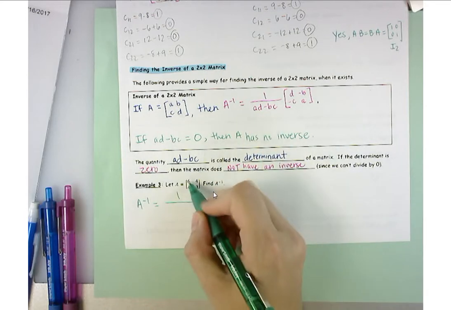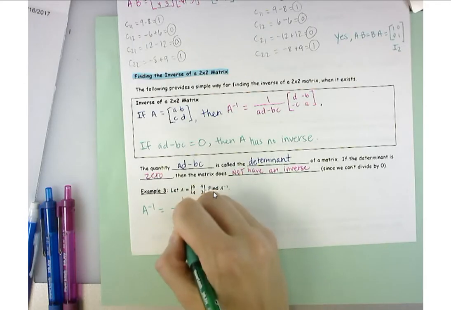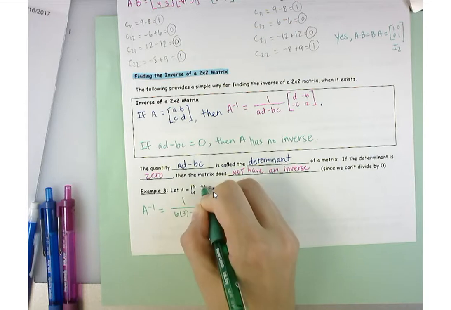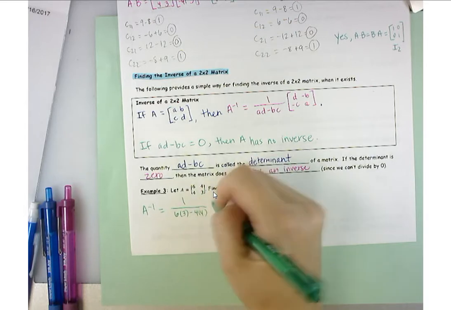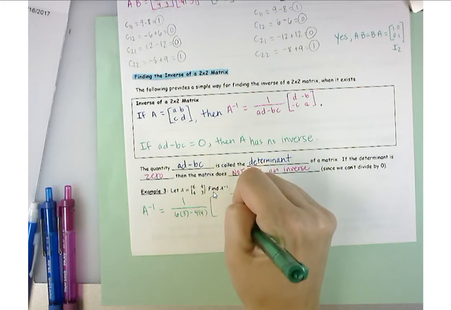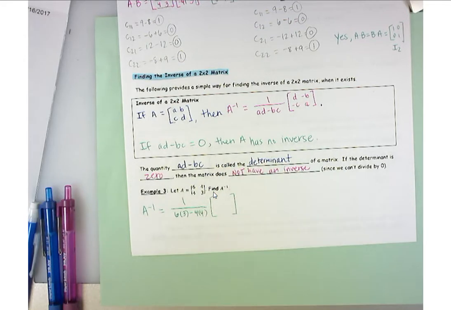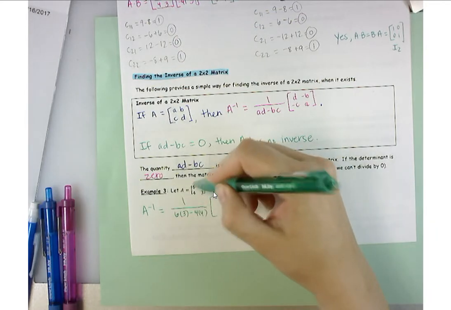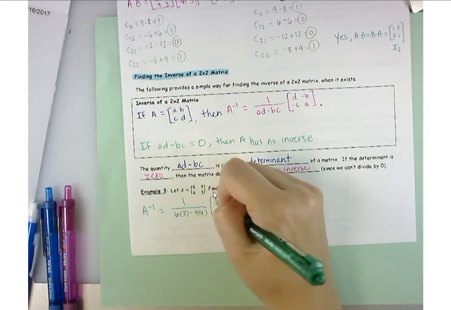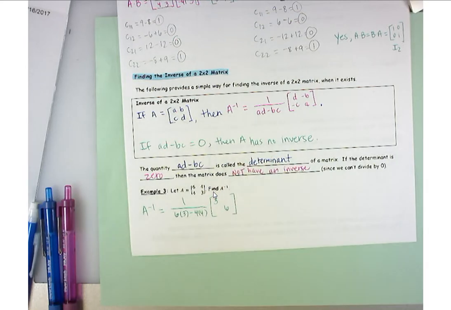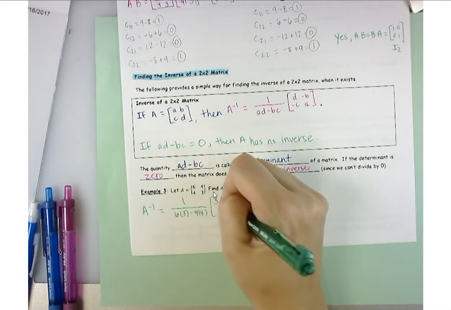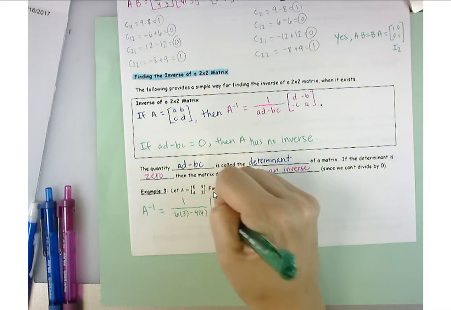Okay, so A times D would be 6 times 3 minus B times C, which would be 4 times 4. And then remember, A and D switch. So 3 becomes A, 6 is now D, those flip-flop places. And then B and C just become their opposite.